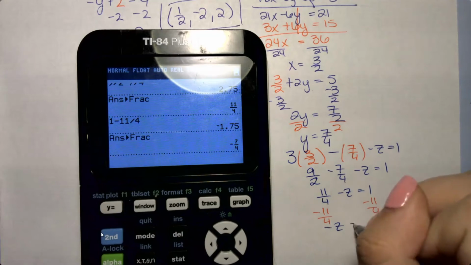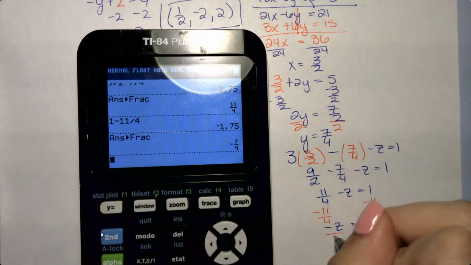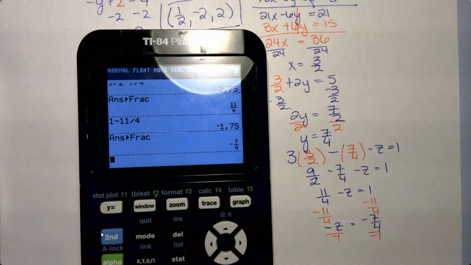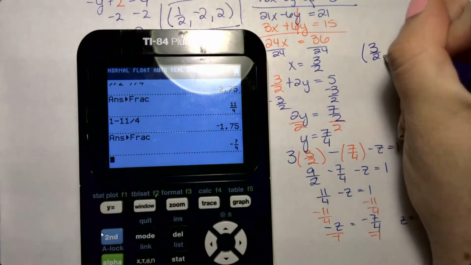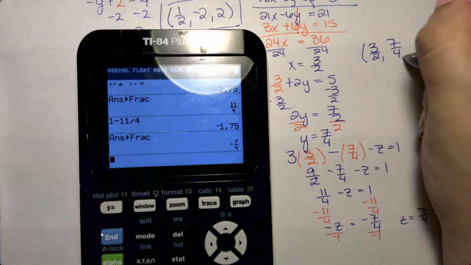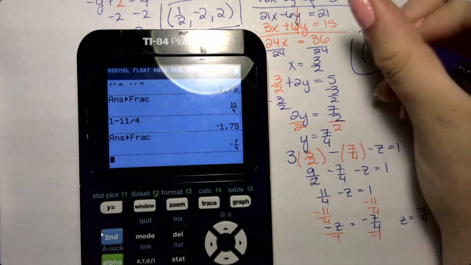Gives me negative 7/4. I'm going to divide both of these by a negative 1, which gets me z equals positive 7/4. I have all 3 variables now, so I just want to write it in my coordinate point as x, y, z. So I have 3/2 for x, 7/4 for y, 7/4 for z, and this is my final answer.